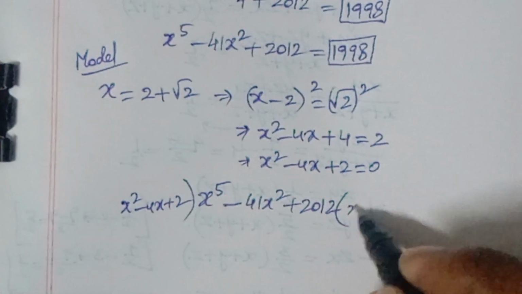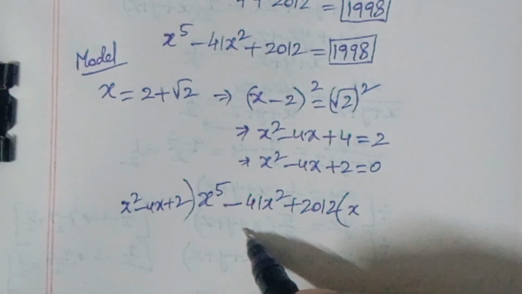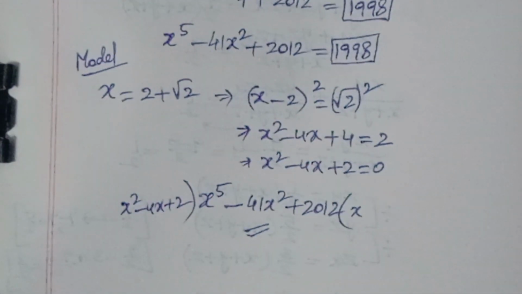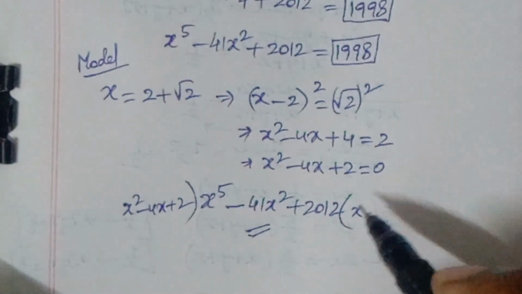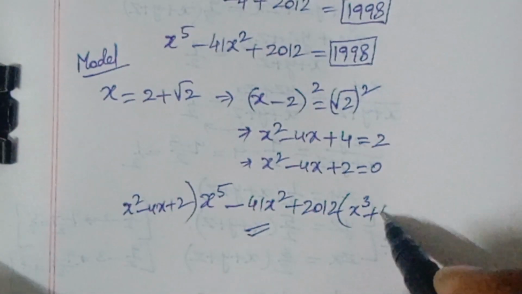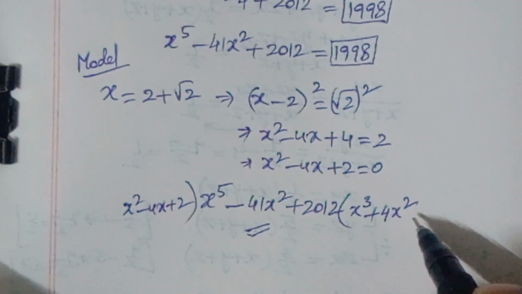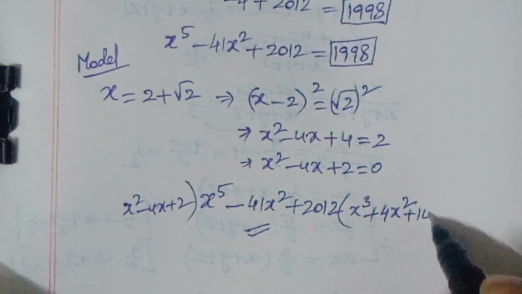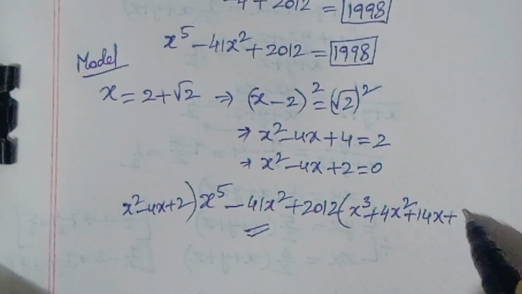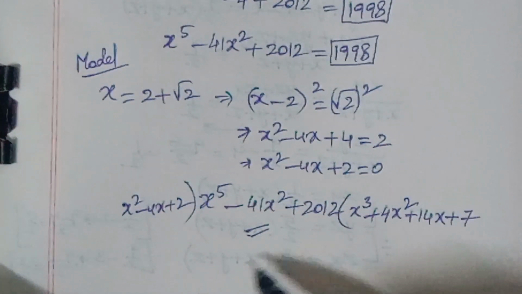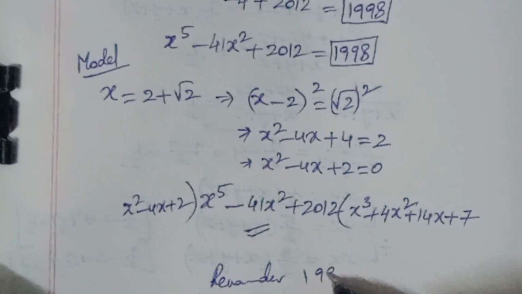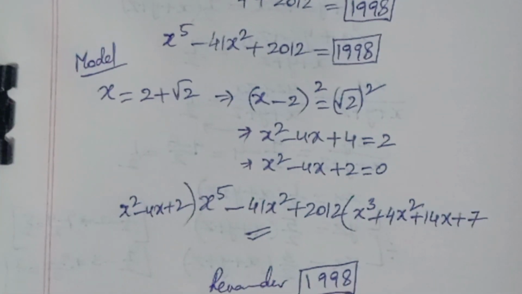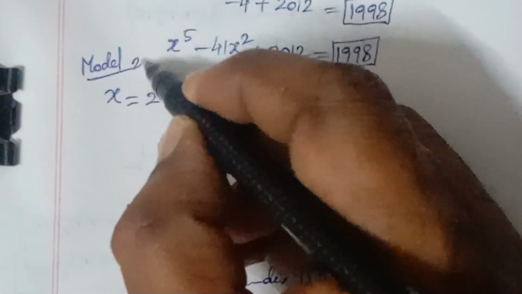This is somewhat of a long process. So here x cube plus 4x square plus 14x plus 7 will be the quotient and the remainder will be 1998. So I hope you understood this method.